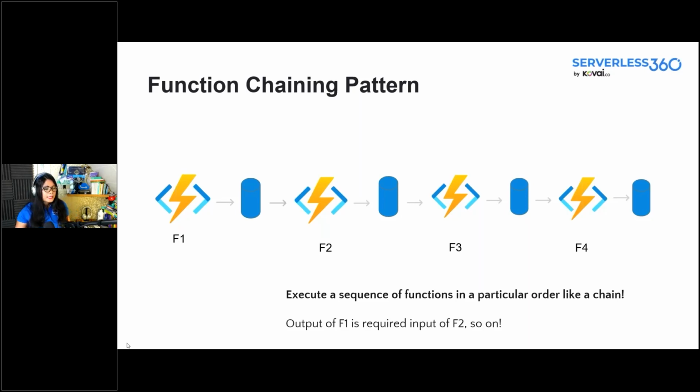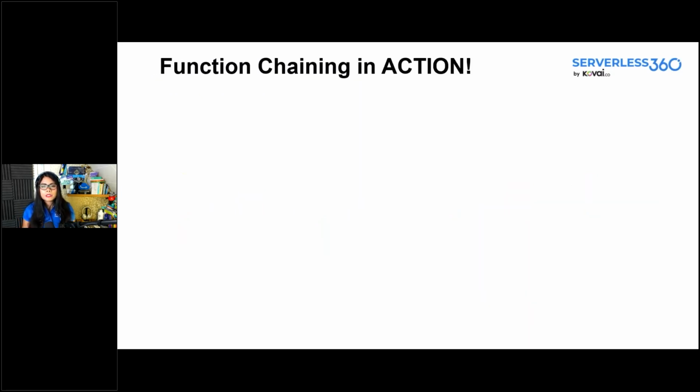If F1 is triggered by an HTTP trigger and you pass in some parameters through that HTTP trigger, then you can pass that into your next activity function, and so on and so forth. Of course, you can set your conditional statements within the function chaining pattern as well.